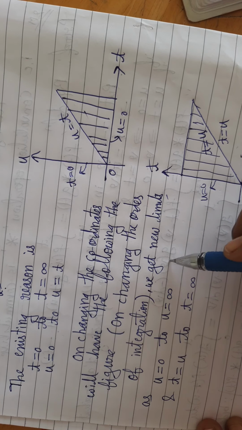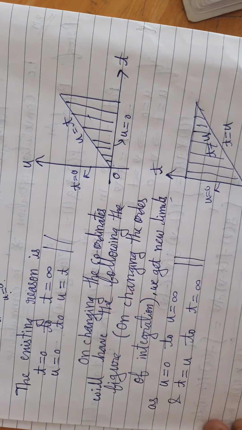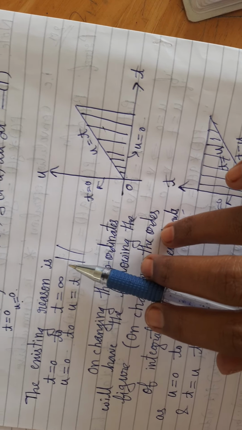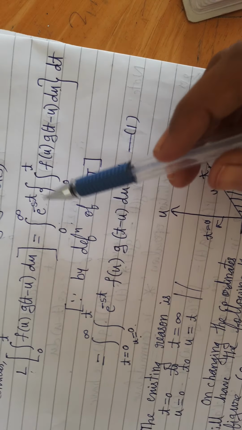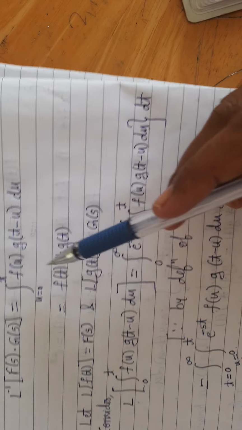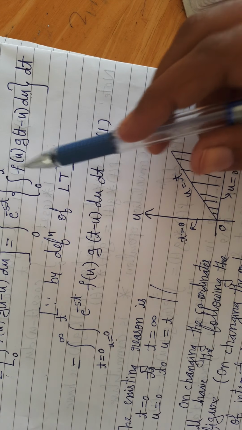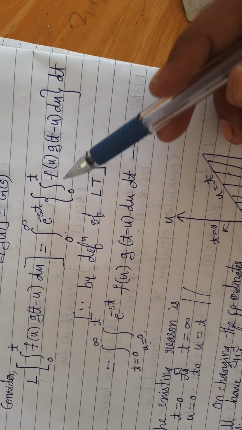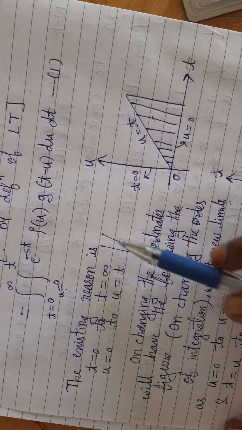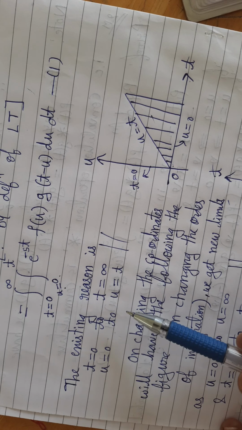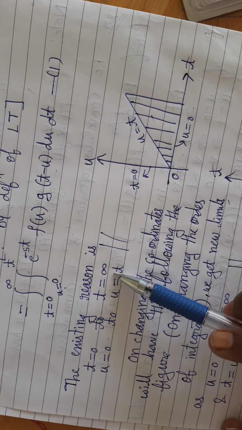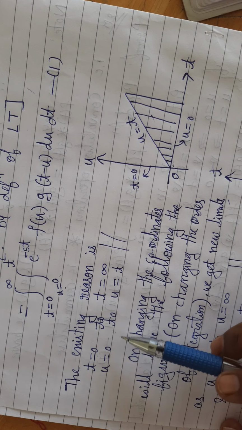So remember this difference. Earlier, for the RHS term, you had written 0 to t. Otherwise, using the Laplace transform definition, you have 0 to infinity. So the existing region you can write easily: t is from 0 to infinity and u is from 0 to t.